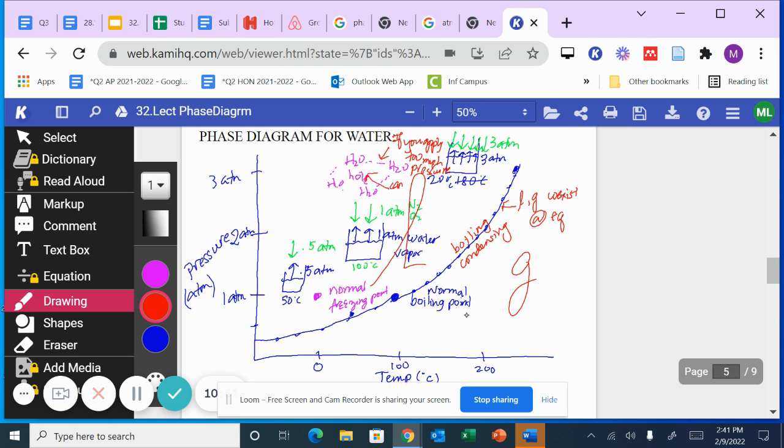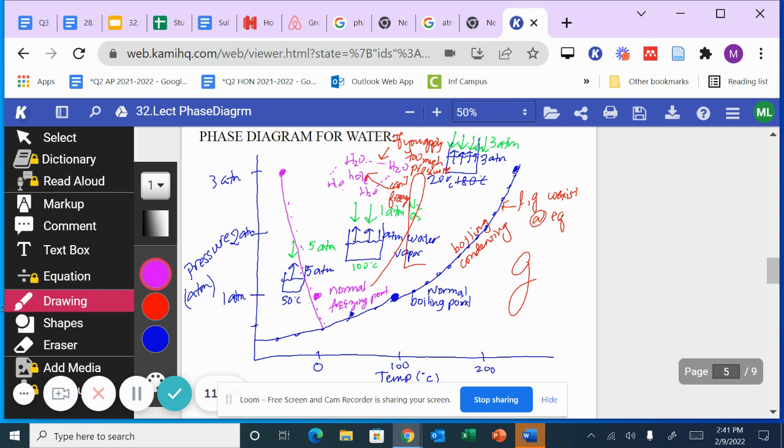It can't freeze. Since it can't freeze, you have to get it colder than 0. So to get it to freeze, you have to get it colder. So at 3 ATM, there's too much pressure and it won't freeze. So you make it colder like that. As a result, these are all the freezing points of water.